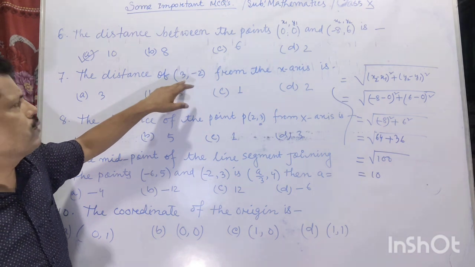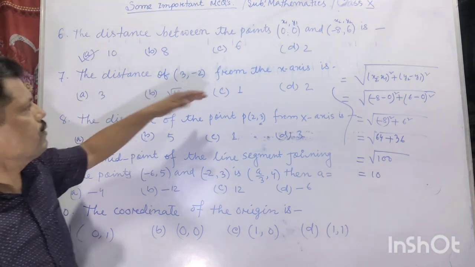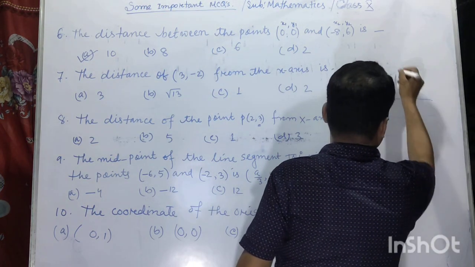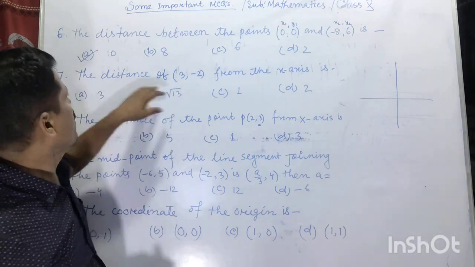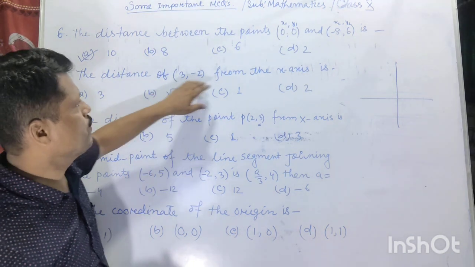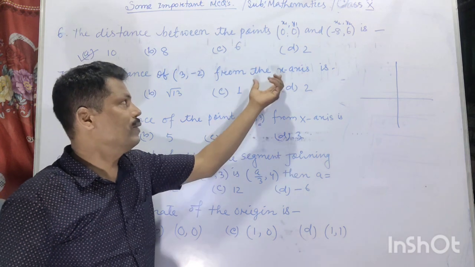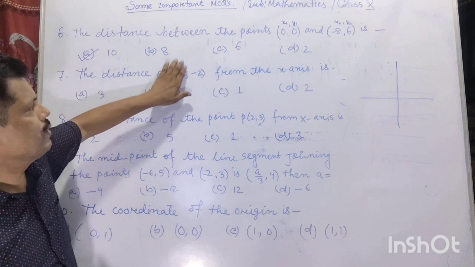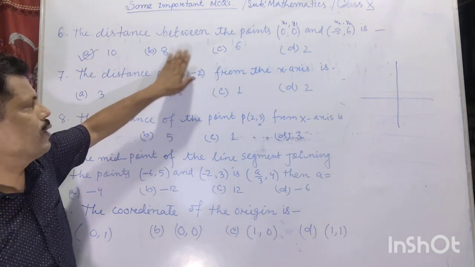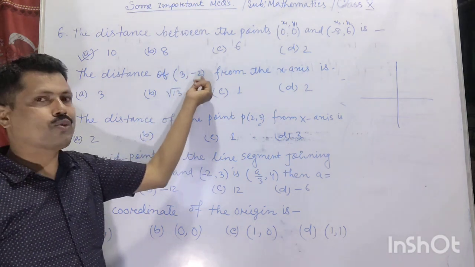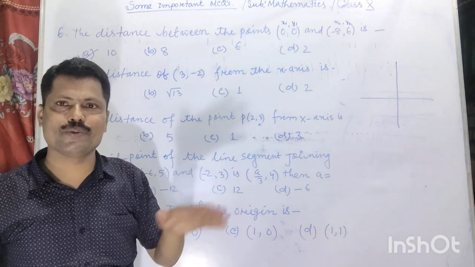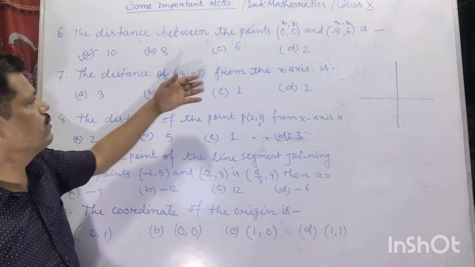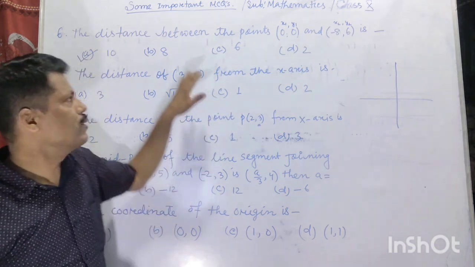This point's coordinate is 3 comma minus 2, and we have to find the distance from the x-axis. The shortcut is like this: for the distance from the x-axis, we just hide the x coordinate, then the y coordinate remains. Here we have minus 2, but distance we always count as positive, so the distance of this point from the x-axis is 2.